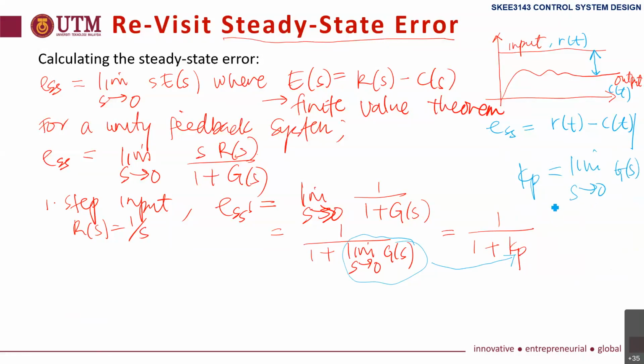And Kp is known as the static error constant, Kp. Okay? P refers to position. Position refers to step input. So you will need to know Kp because the error will be given in terms of Kp. Once you know Kp, you can calculate error by using that formula.